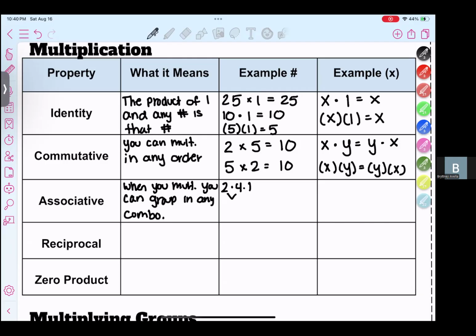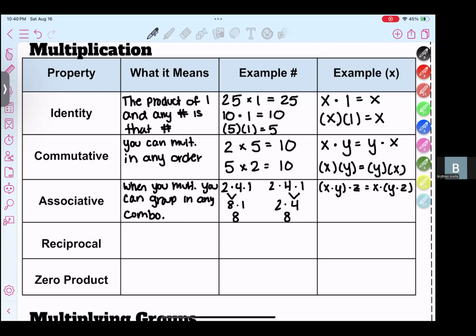And I do 2 times 4 first. That gives me 8 times 1. And then using our identity property, we know that's 8. Or if I do 2 times 4 times 1, and I do 4 times 1 first, our identity property tells us that's 4 times 2 is 8. So we can see that no matter which order we do that in, or which way we group that, it's going to work the same either way. So we can see that x times (y times z) equals (x times y) times z.